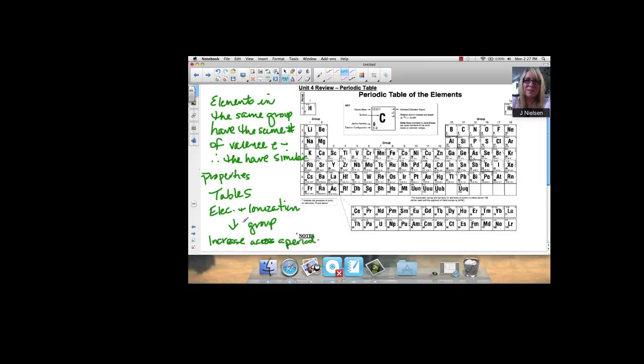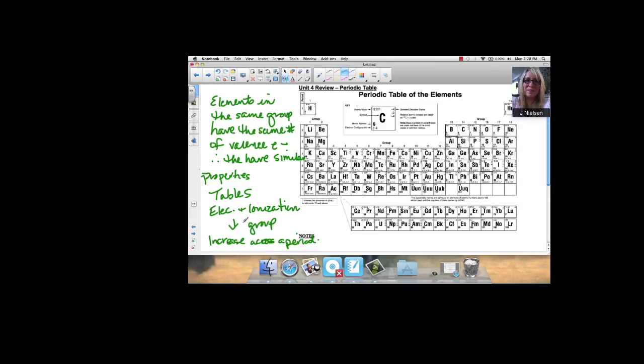Let's talk about that. Ionization energy. As we go down a group, we add principal energy levels, and therefore the outermost electrons are further from the nucleus. They are shielded by the individual principal energy levels.